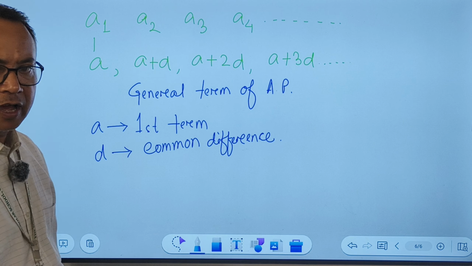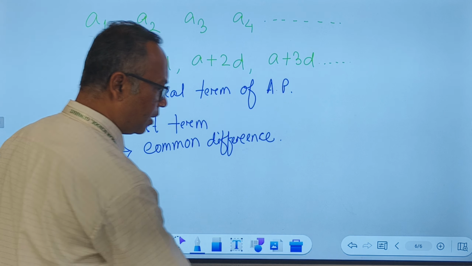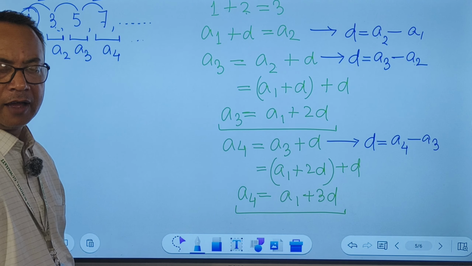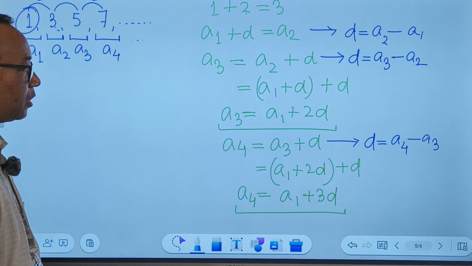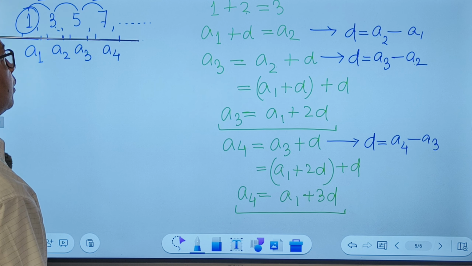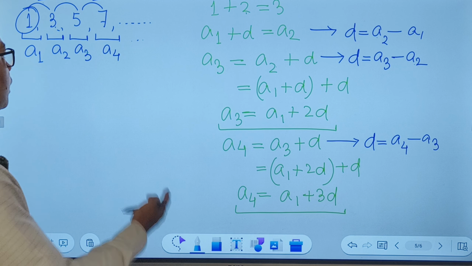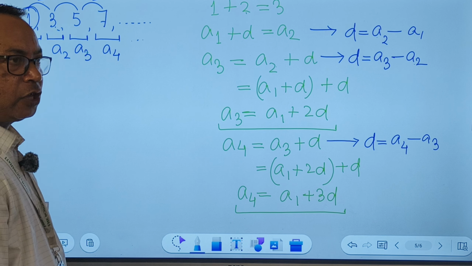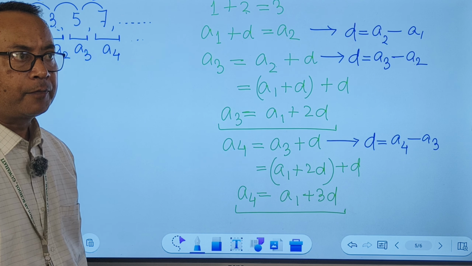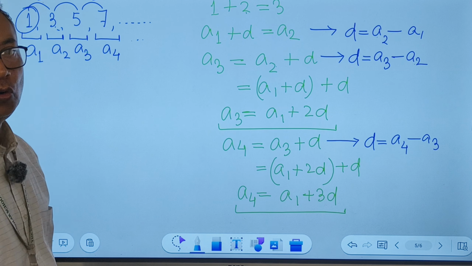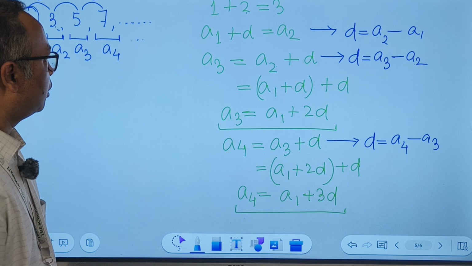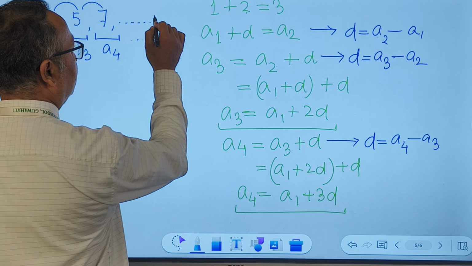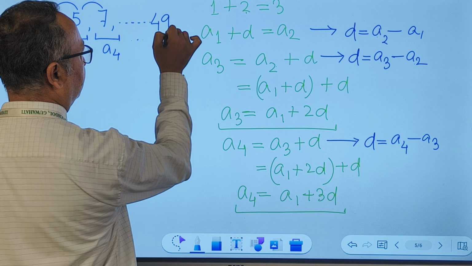Now, there is another important point in this particular case. Suppose this is an infinite AP, but if we consider this particular AP as a finite one, suppose we are considering the sequence of odd numbers from 1 to 50. 1 to 50 means 50 is not an odd number, so obviously the last number will be 49.